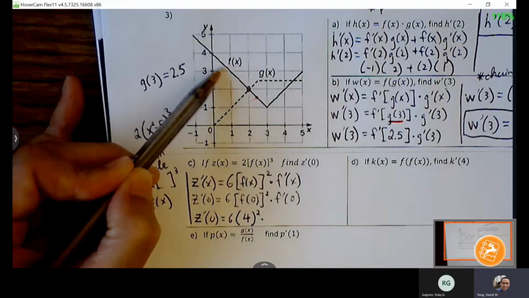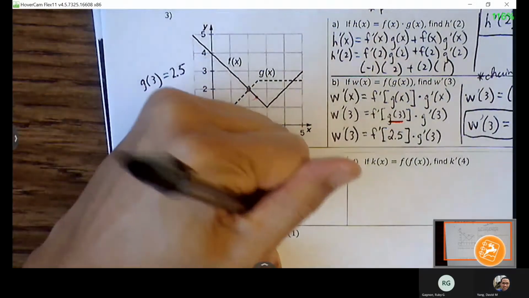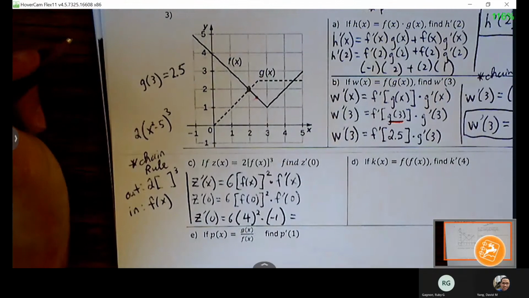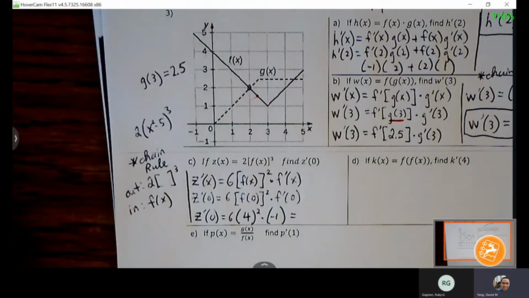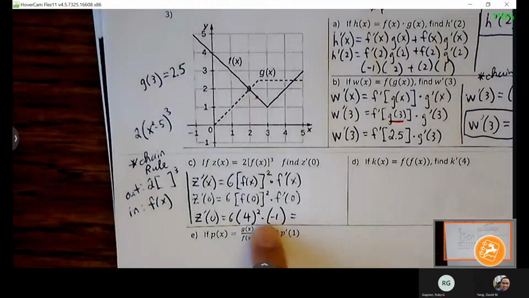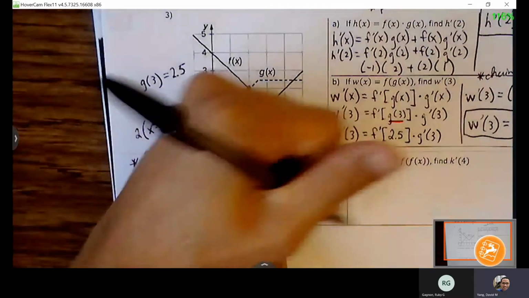It's -1 here, it's -1 all along this line. Right. So you either leave it like this or you can clean it up: -96.